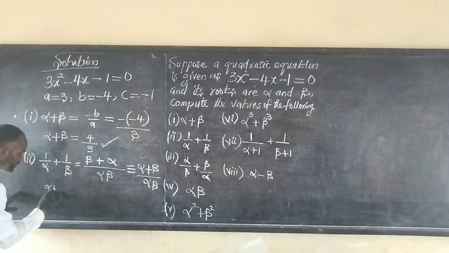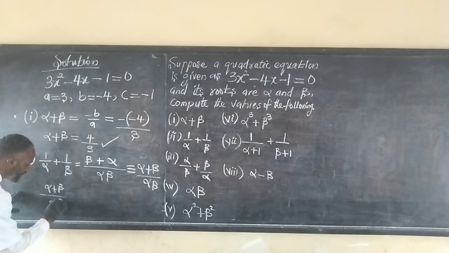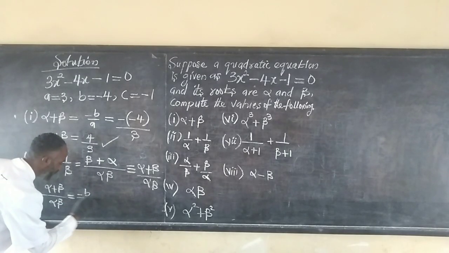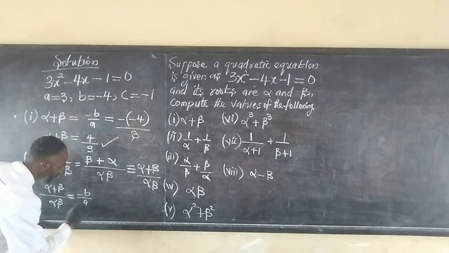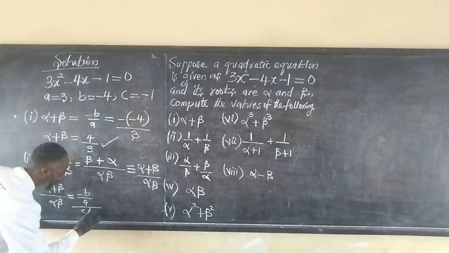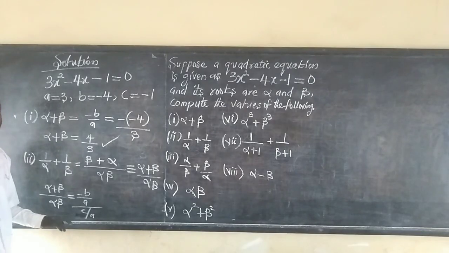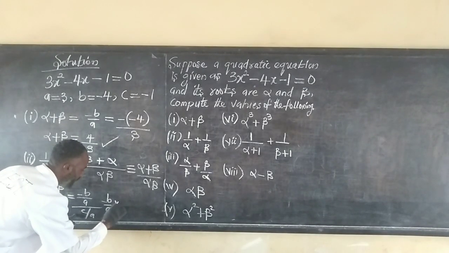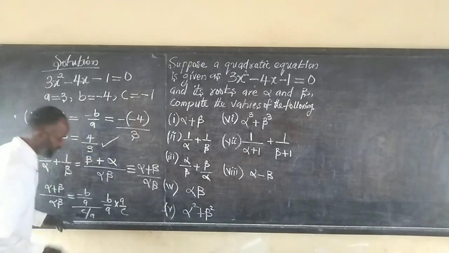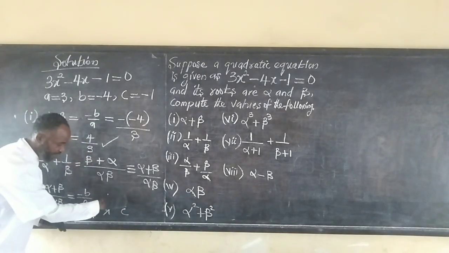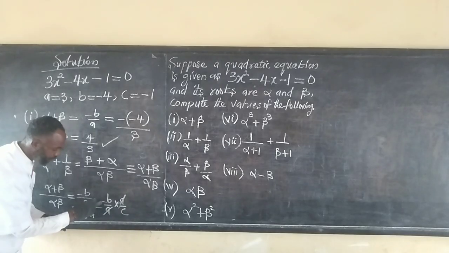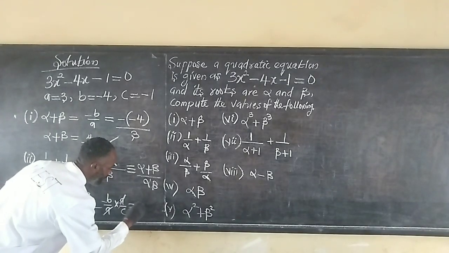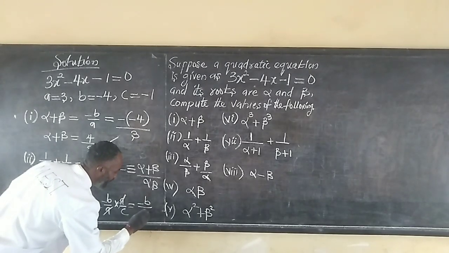So we have alpha plus beta all over alpha beta is equal to, alpha plus beta is given as minus b all over a, all over c over a. So we can simplify this further by saying minus b over a times a all over c. Okay? So this a will take care of this, and we're left with minus b over c.